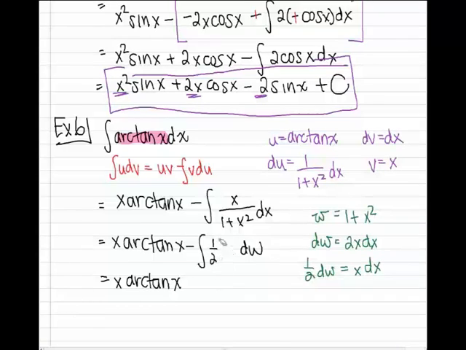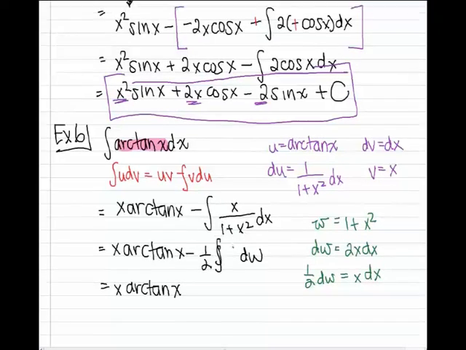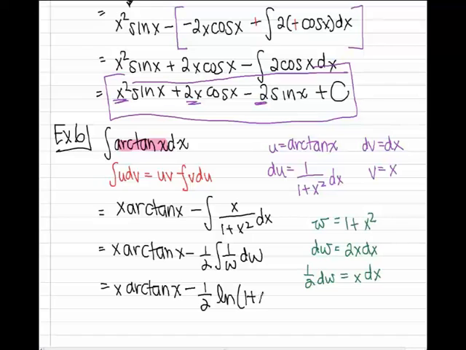I guess if you guys would like, we can rewrite this to put the 1/2 in the front and make it the integral of 1 over w. So this is minus 1/2 ln of w, which is 1 plus x squared, plus our constant c because I'm done integrating.